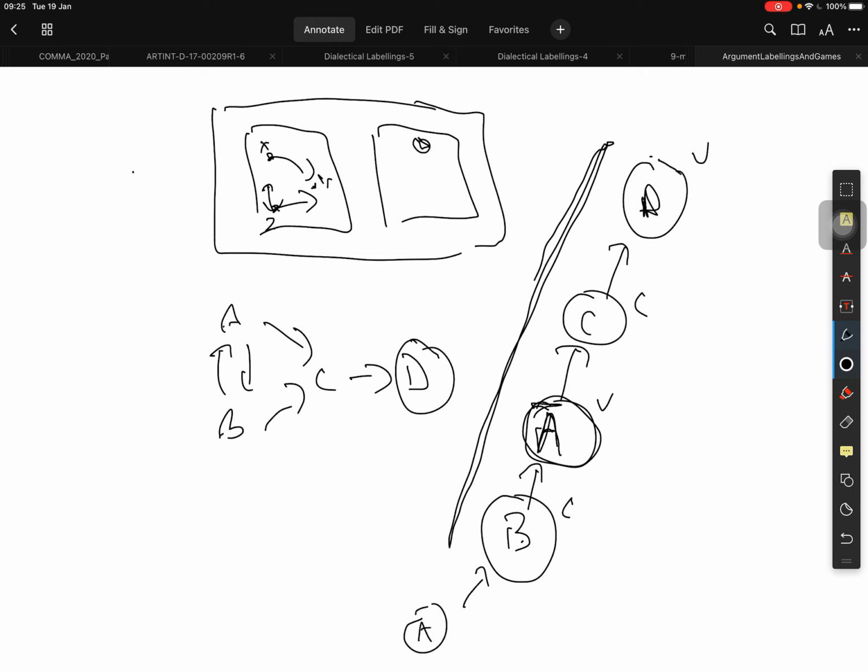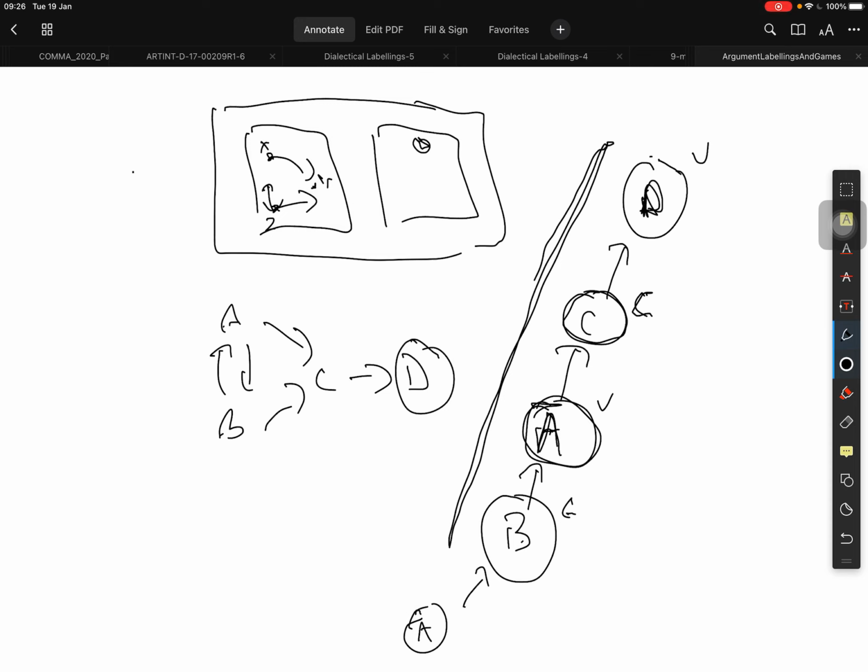Okay. Now at this point, the computer acts as the opponent, right? The computer is playing the opponent, trying to show that the user, who is a proponent, trying to demonstrate that D is in a preferred labeling, is wrong. Right? So the user starts with D, the computer who's playing the opponent is saying, well, look, D may not be in a preferred labeling because there's an argument C that attacks D, and so on and so forth. So in this case, the user who is the proponent can repeat an argument A. Okay, we'll repeat this argument here.